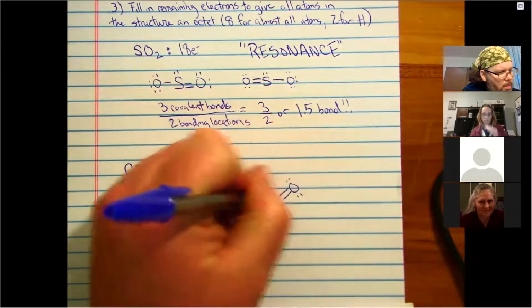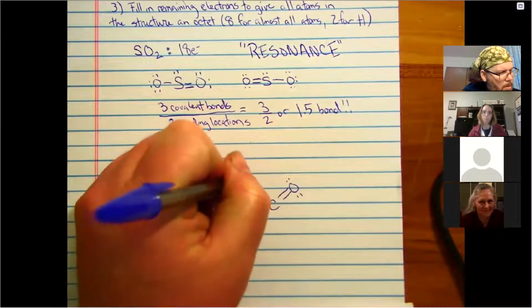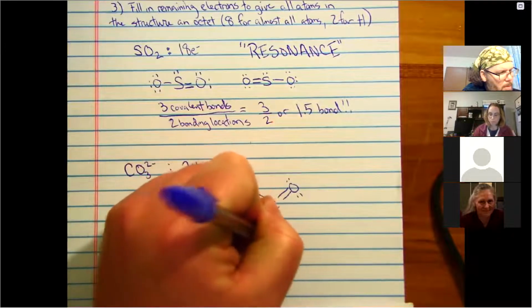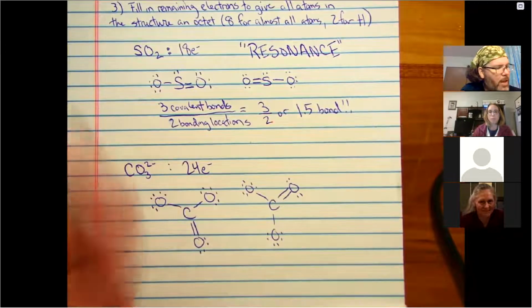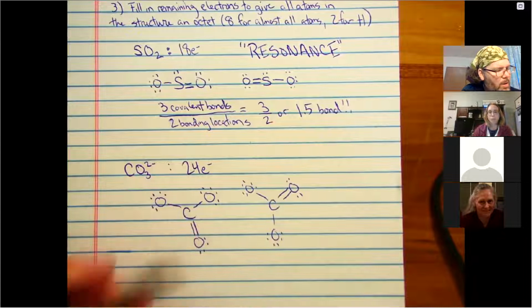However, that is an equally good looking Lewis structure for carbonate, sharing that extra pair of electrons with this oxygen instead of that one.